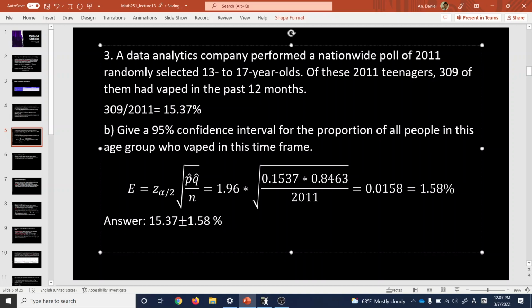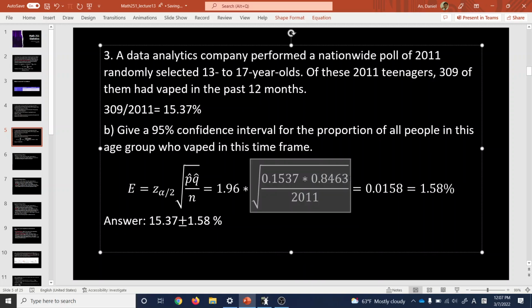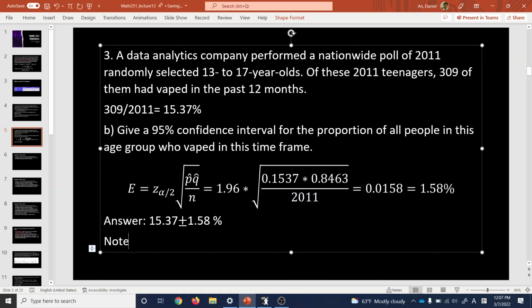Yes? Where did you get the 0.8463? 0.8463 is 1 minus, so let's put a note there. Note: q hat by definition is 1 minus p hat, right?